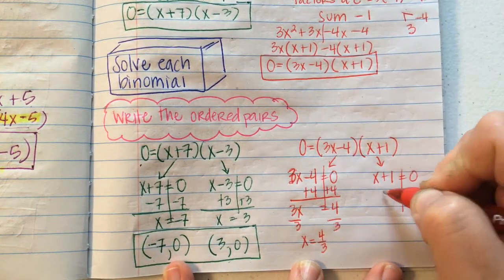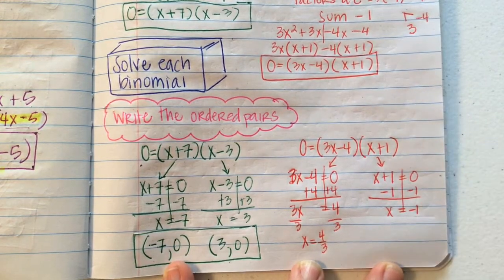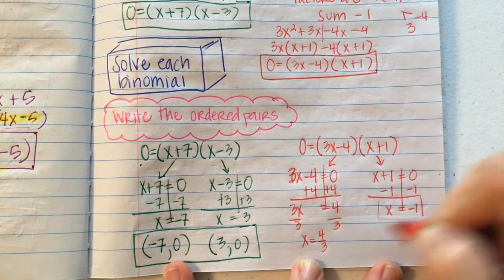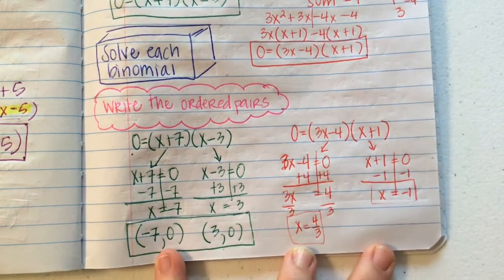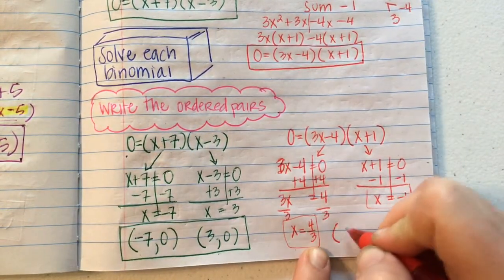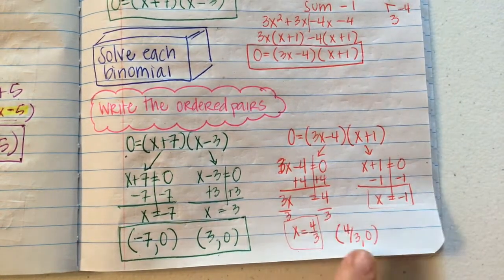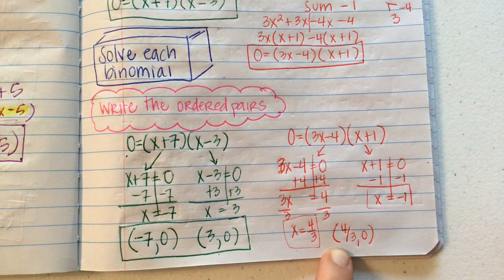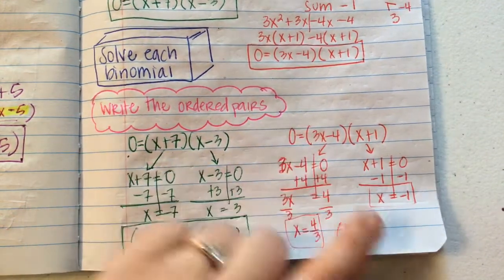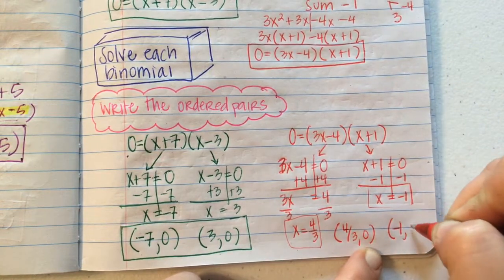And then here, I'm going to minus 1, x equals negative 1. So I have my two answers. My answers are now ordered pairs. This ordered pair is 4/3, comma 0, because my x value is 4/3 and my y value is 0. And this ordered pair is negative 1, comma 0.